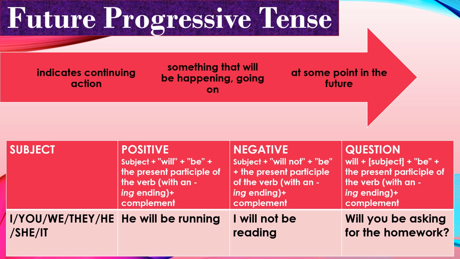For example, I will not be reading. For the question form, we must use will plus subject plus be plus the present participle of the verb with an ing ending plus complement. For example, will you be asking for the homework?